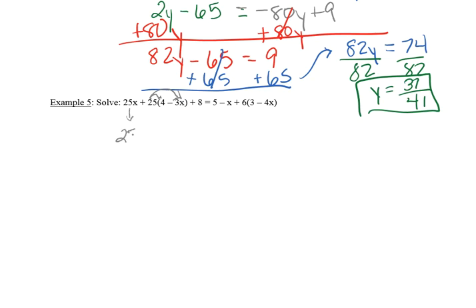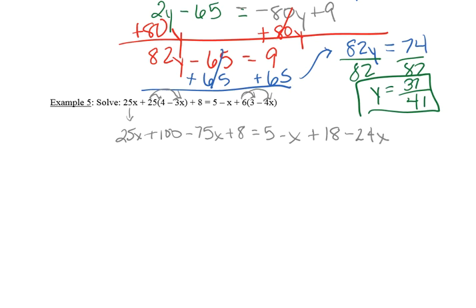This 25x just comes down. 25 times 4, that's 100. 25 times negative 3x is negative 75x. The 8 doesn't change. Bring the equals, the 5, the minus x down. Only things I'm changing is if they are multiplying by a parentheses. 6 times 3 is 18. 6 times negative 4x is negative 24x.